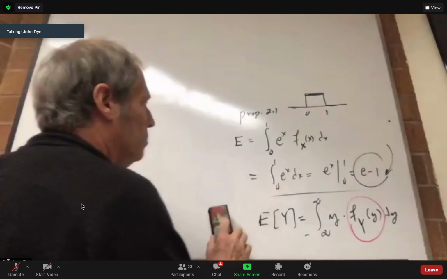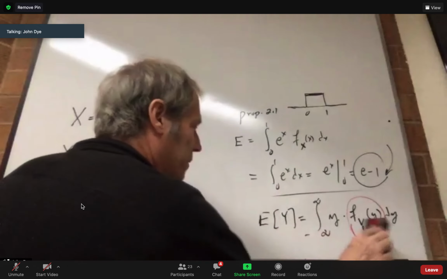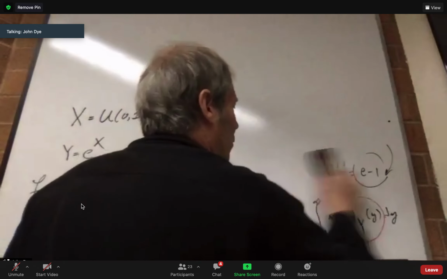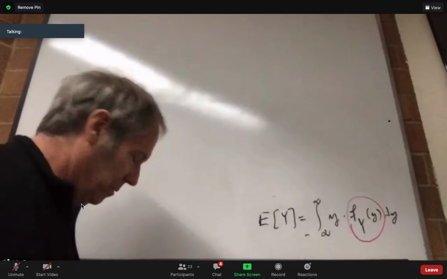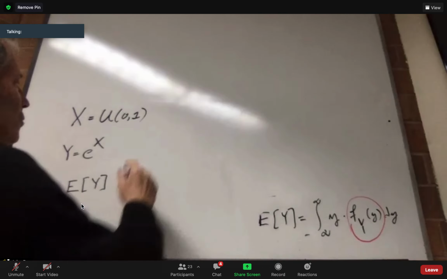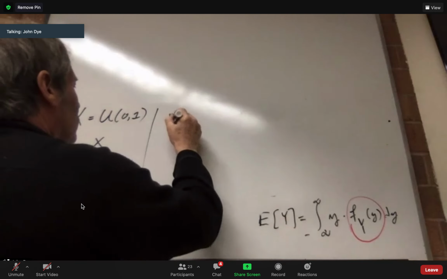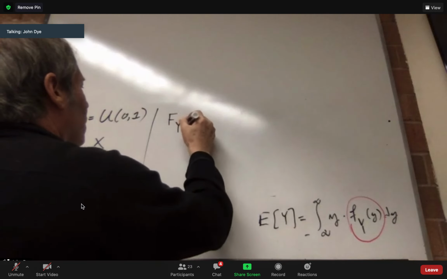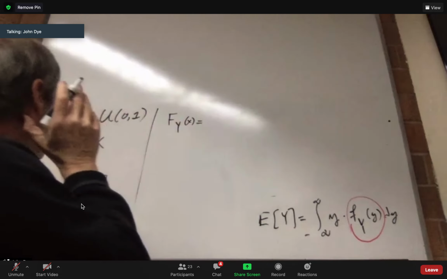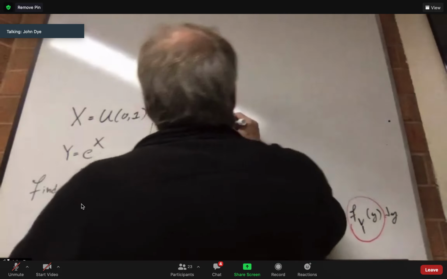So we know what the answer is supposed to be. We need that density. So how do we do this? By what means do we get that? I guess you take the cumulative distribution function. What does that mean?